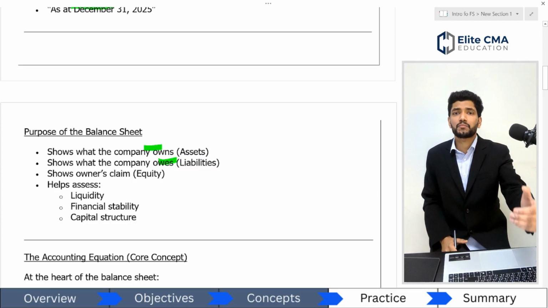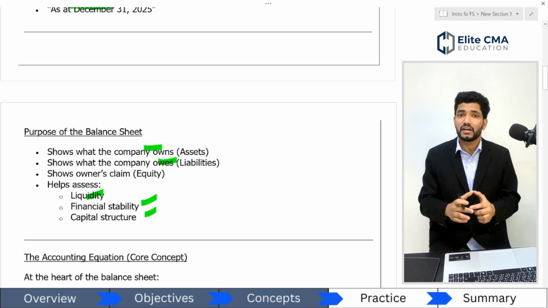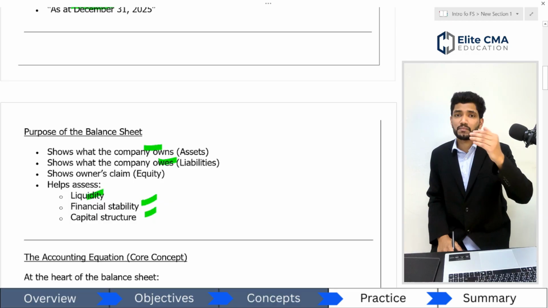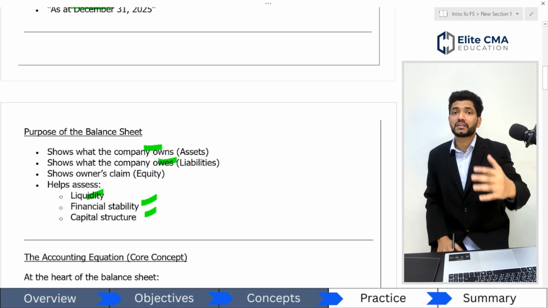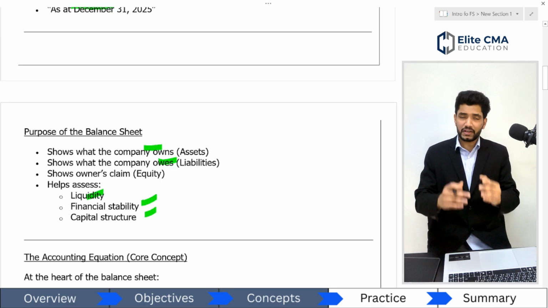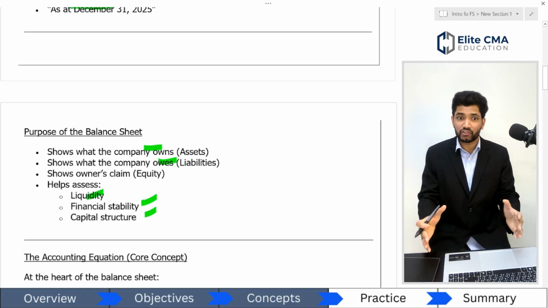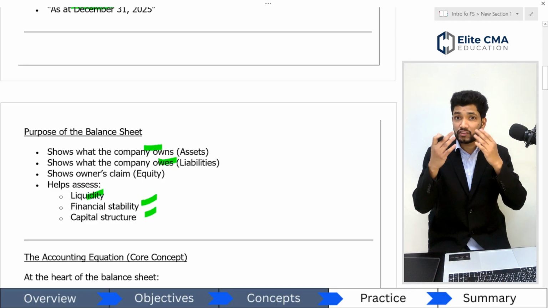The balance sheet helps to evaluate the liquidity position, financial stability, capital structure, and long-term solvency position as well. It helps the financial analyst to evaluate these positions.